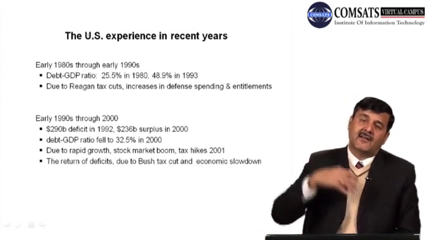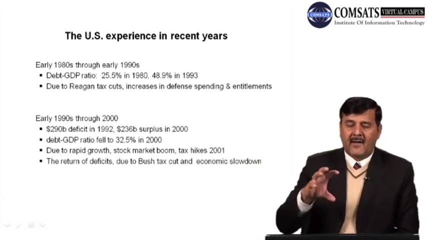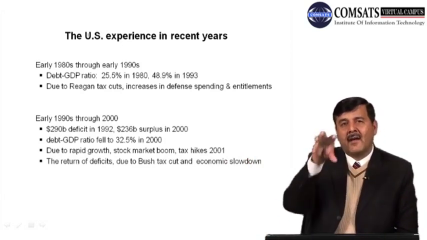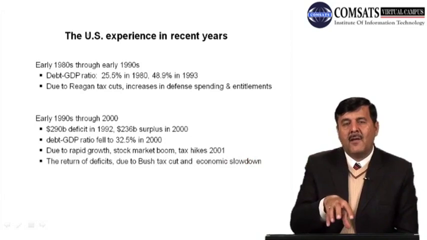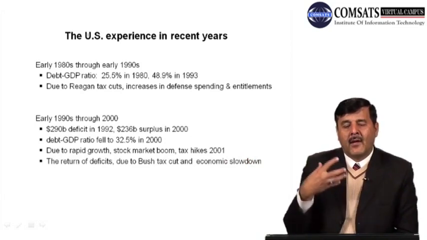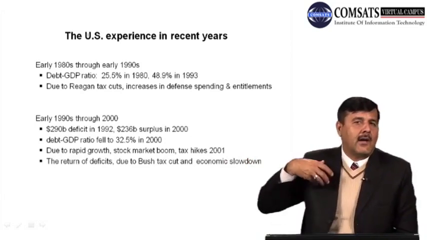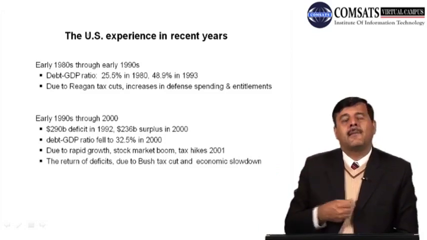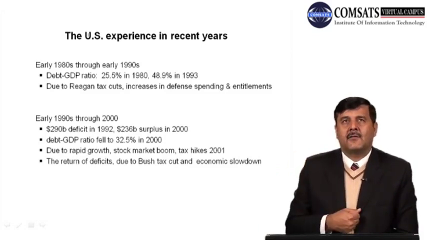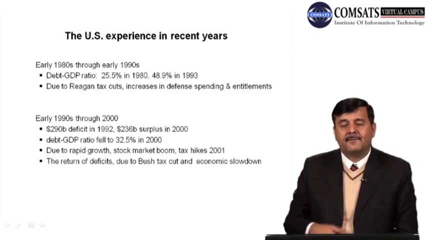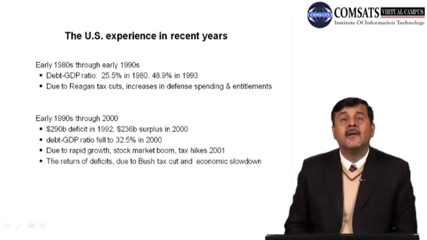So again, on the budget, हमने देखा कि जब budget surplus हुआ तो उससे GDP debt ratio में कमी वाक़ई हुई, and that was mainly due to rapid economic growth, growth in the stock market, as well as tax hikes in 2001. But after that, what happened?